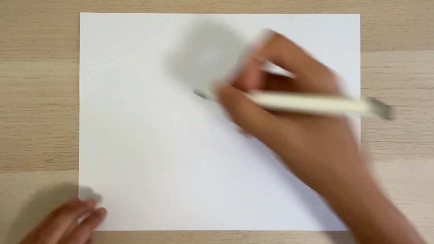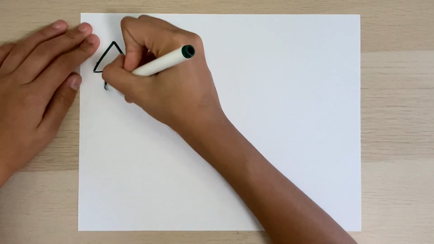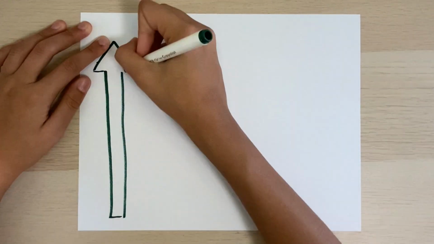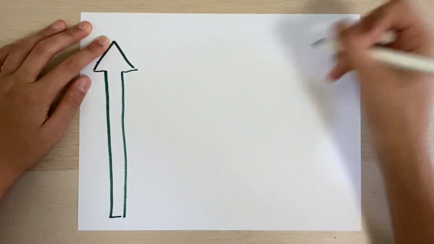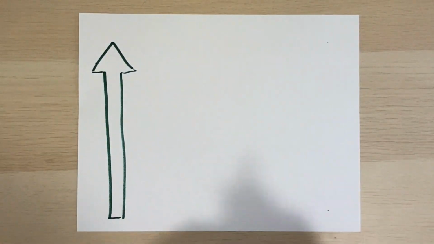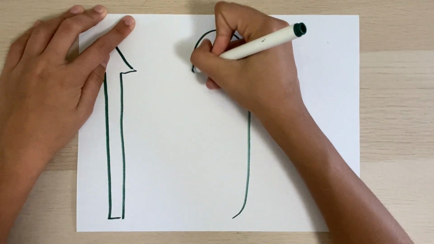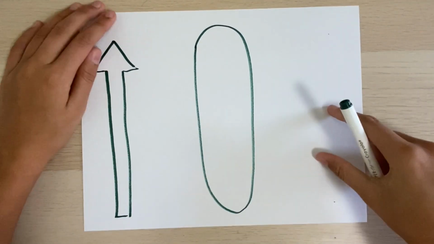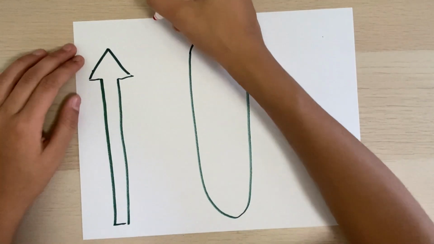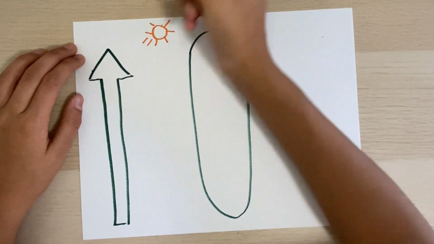Let's say that we have an arrow like this. Okay, so this is our arrow right here. Let's also say we have a cup of water, the one we used in our experiment. So if this is our cup of water, we have rays of light coming from an external source. In this case, let it be the sun, that's giving us the rays of light.